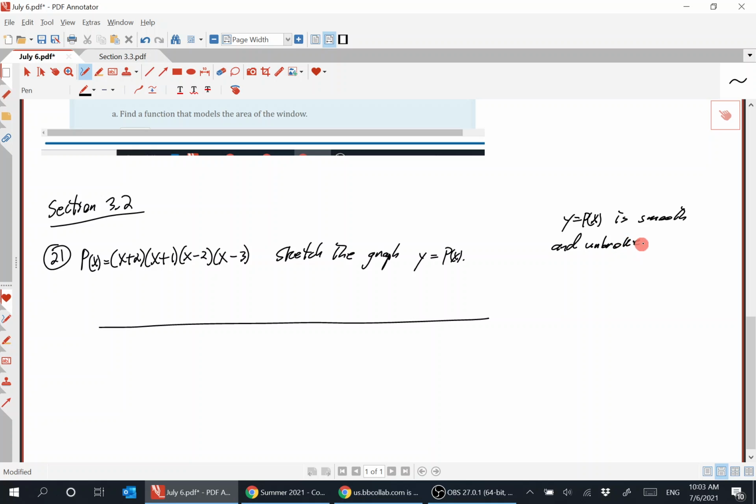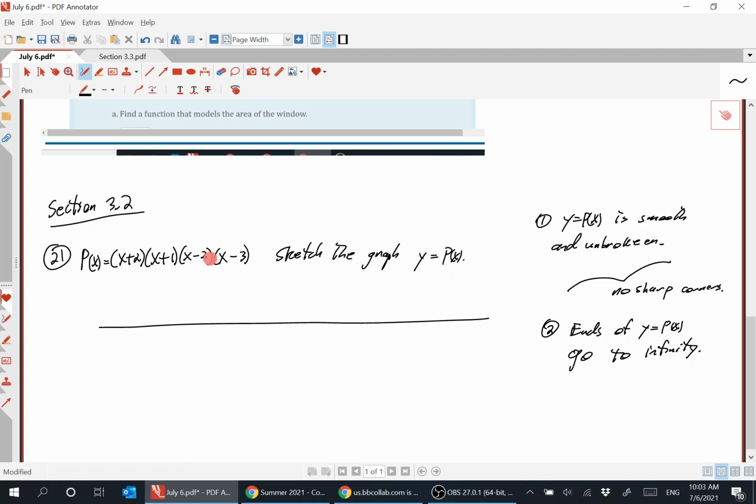Continuous is the fancy term for unbroken. So this doesn't happen. And the ends of y equals p of x go to plus or minus infinity. And how do you know when it's plus or minus?